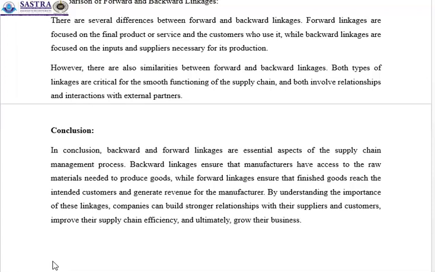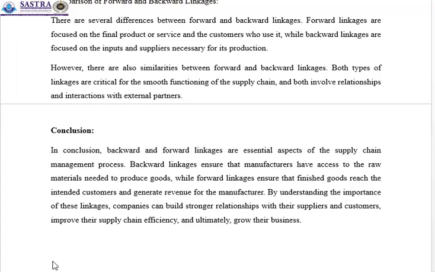So these backward and forward linkage concepts are very thorough, I hope. And this is not only a matter of supply chain. It also bonds with the transportation process, the roadways or the mode of transport you are going to choose, and the cost matters, as well as the distance, and the geographical location also matters, because if you are in a hill station or other places, that also matters for your linkages.